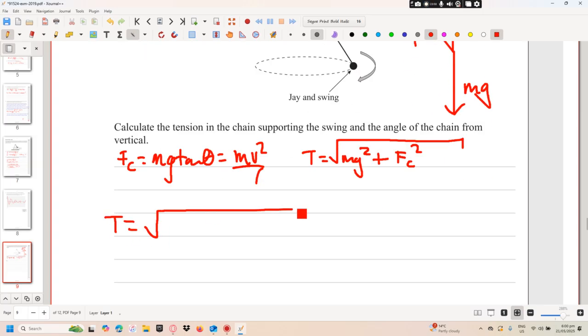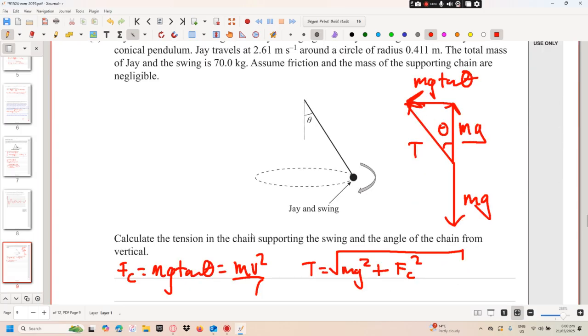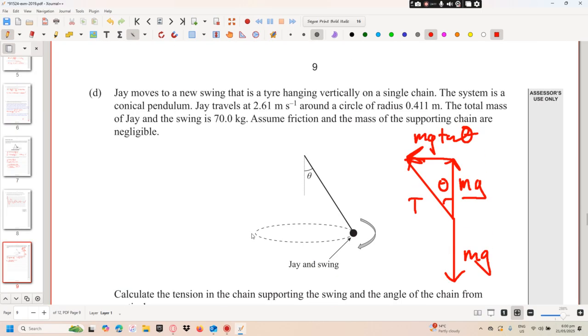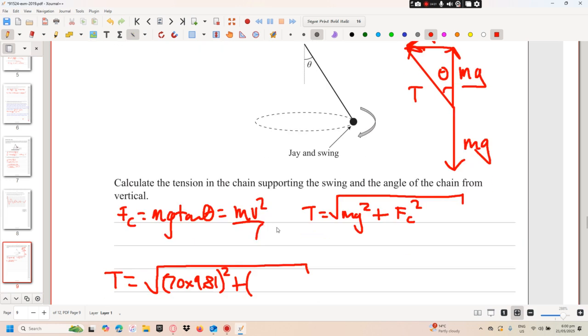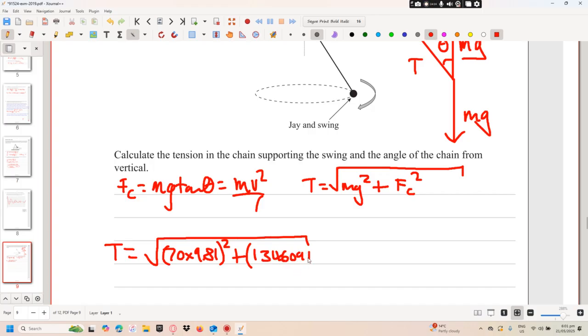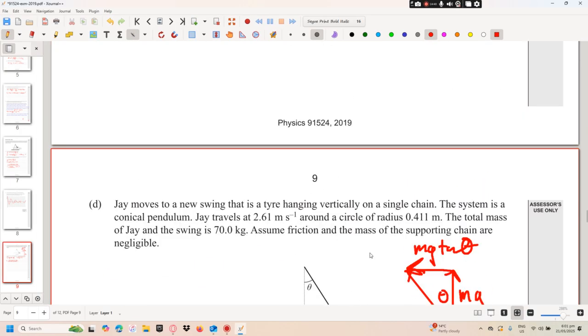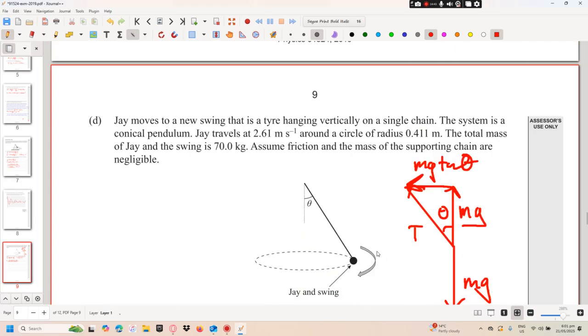So T equals the square root of 70 times 9.81 squared plus centripetal force, which is mv squared over r, so 70 times 2.61 squared on radius of 0.411, and we square that, and we have 1346091, and so that is the square root of (70 times 9.81) squared plus 1346091 squared, and then I want the, yeah, alright, that can't be right. That is a stupid answer. That makes no sense whatsoever.